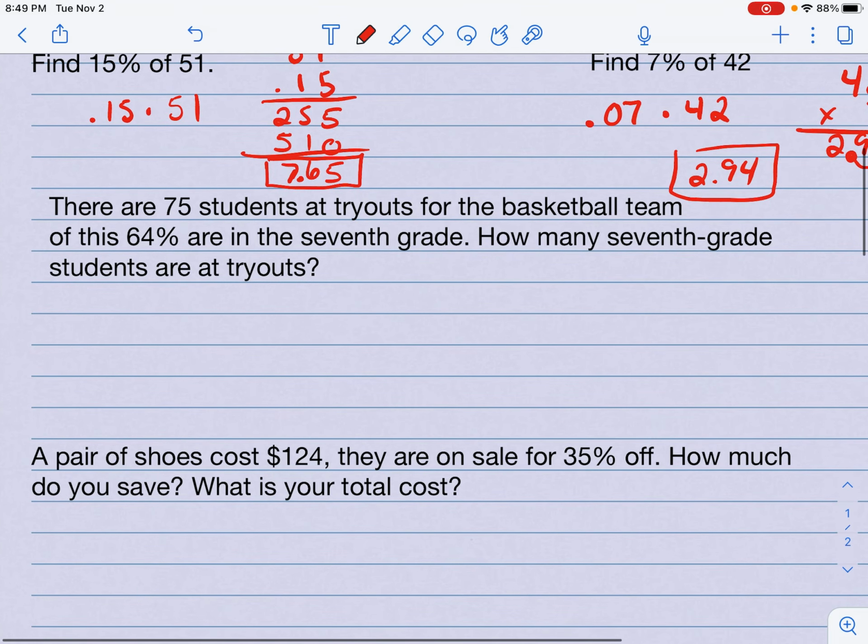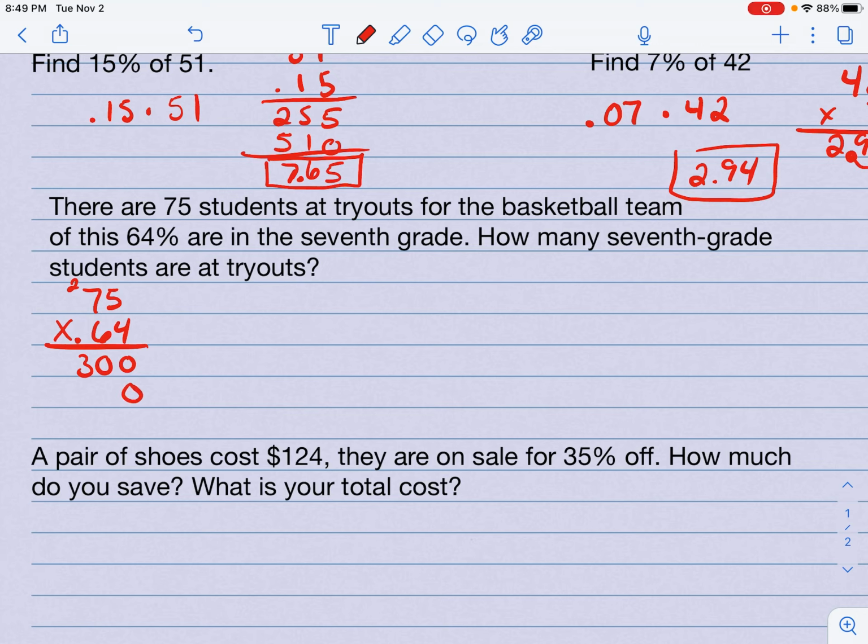Okay, next one, it says there are 75 students at tryouts for the basketball team. Of this, 64% are in the 7th grade. How many 7th grade students are at tryouts? So we know that it's 75, and we're going to multiply that by 64. Now this would be 0.64, so we're just going to multiply it, and then we're going to bring that decimal in. Since there's 2 here, we bring the decimal in 2 from our answer. So 4 times 5 is 20, carry the 2. 4 times 7 is 28, plus 2 is 30.